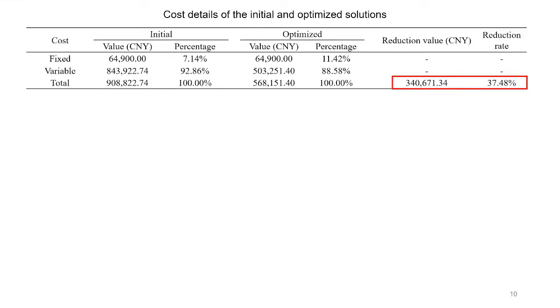The details of the initial and optimized solution for the cost of temporary elevators are listed in the above table. Compared to the initial solution, the total cost of the optimized solution is reduced by about 341,000, which accounts for about 37% of the initial solution.